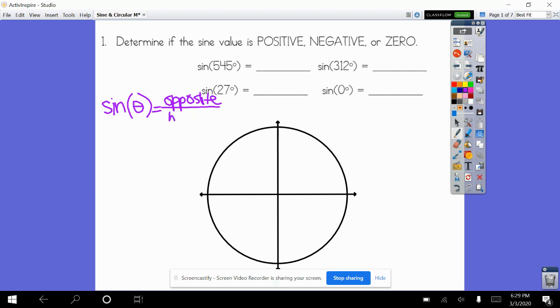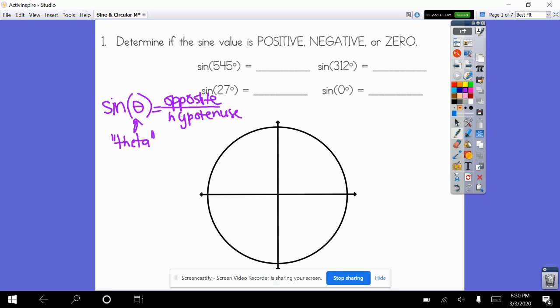So it's the ratio of the opposite side in a triangle, the side that's opposite the angle theta, divided by the hypotenuse.